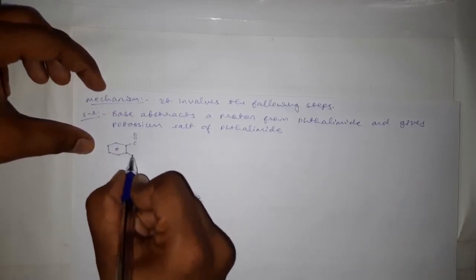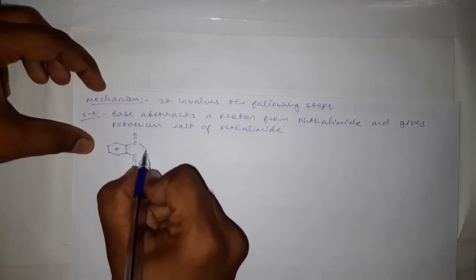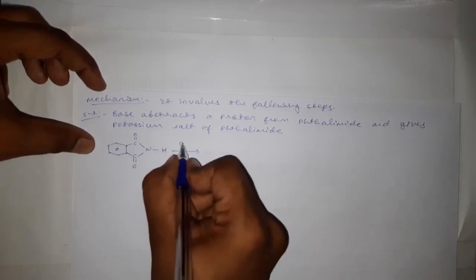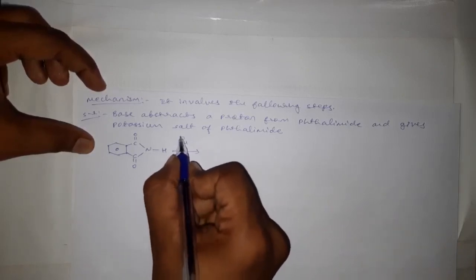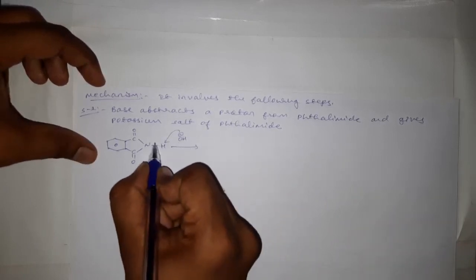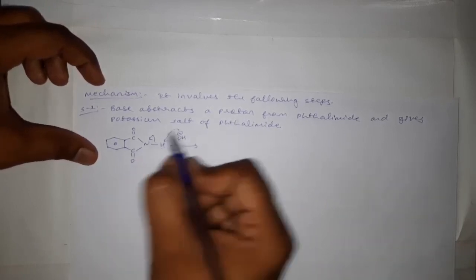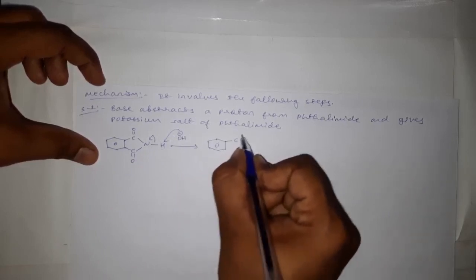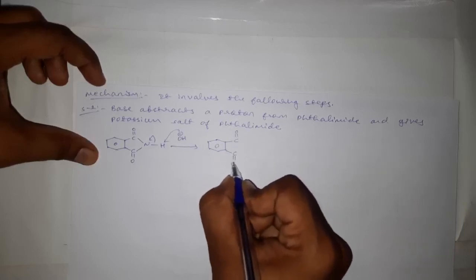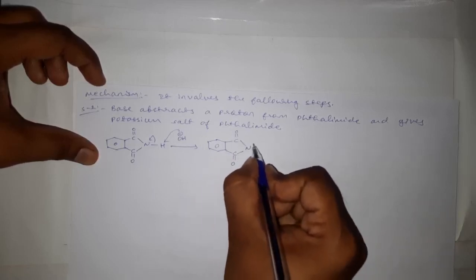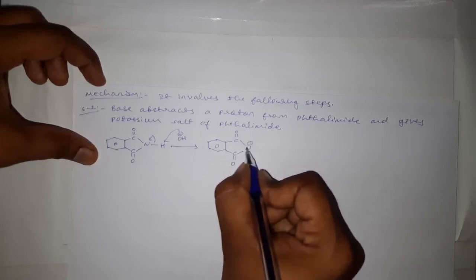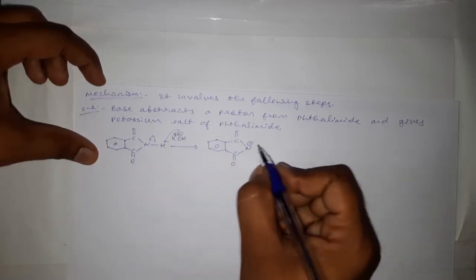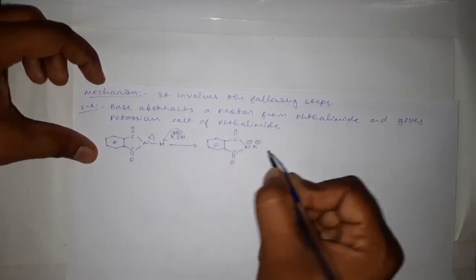C double bond O, C double bond O. Okay. Here the OH minus from the base, that is KOH, will now abstract this hydrogen, and these bonded pairs of electrons will now move towards nitrogen, and it results in the formation of C double bond O, C double bond O, N minus, along with K plus.